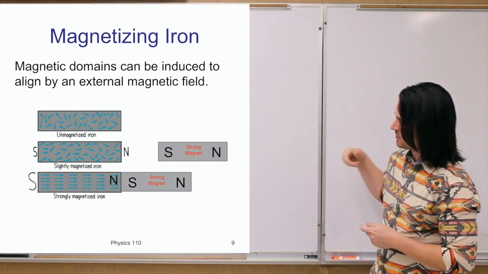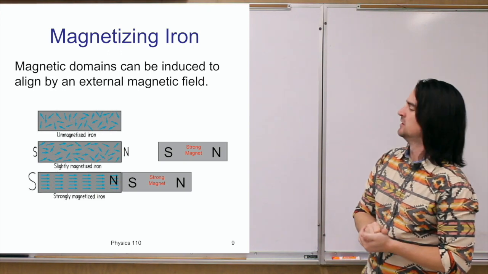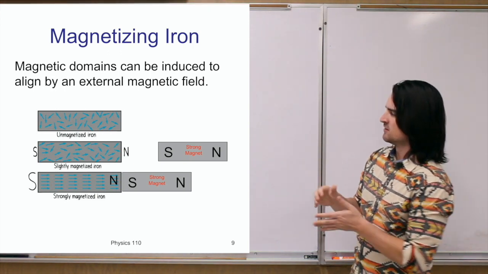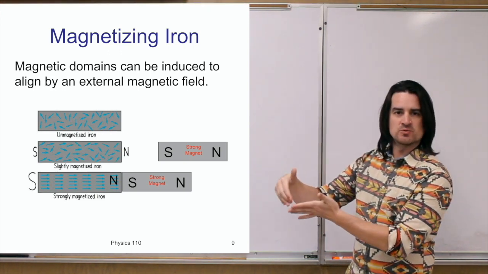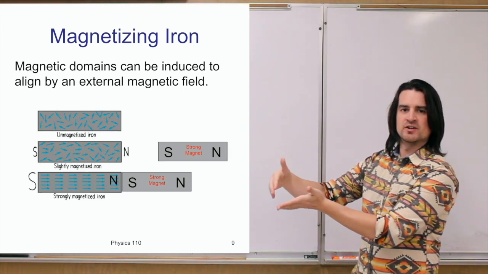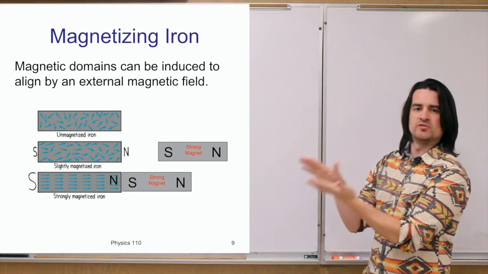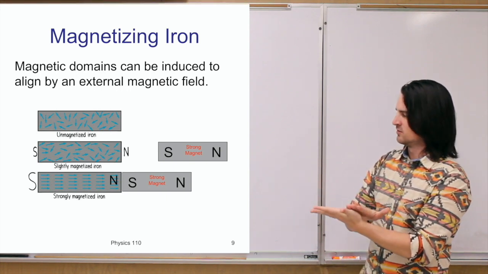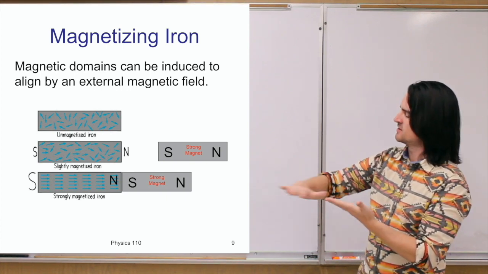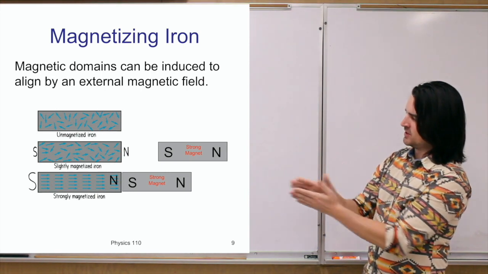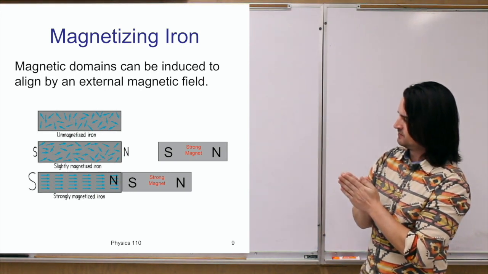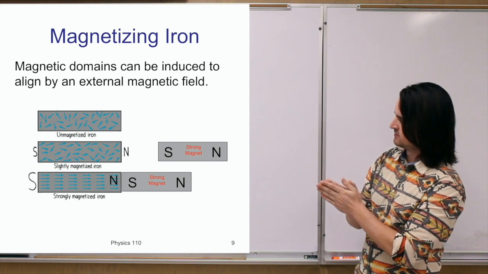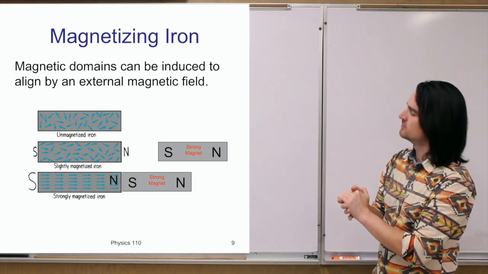And finally, if you bring that magnet right close to it, and it's a very strong magnet, then all of those magnetic domains within that first piece of iron are going to want to align with this magnetic field. It's a very strong magnetic field, it's strong throughout the whole piece of iron, so it's able to align all of these magnetic domains, which are made up of iron atoms.